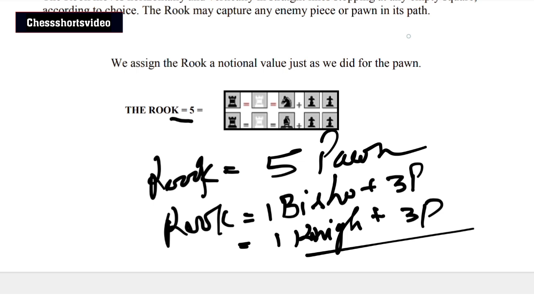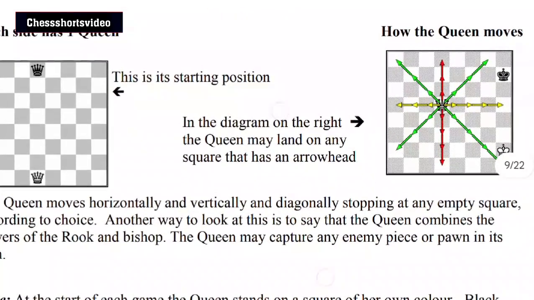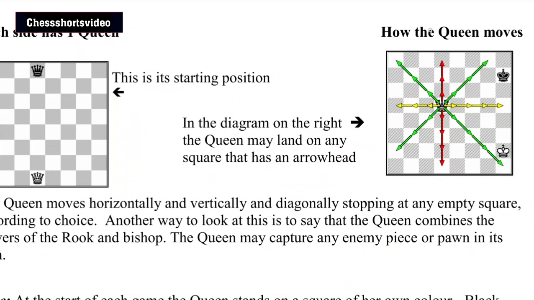Okay, now it's the turn of the queen. We have two queens, this one and this one, and as I already told you, the queen can move diagonally and also straight. So you can see how strong the moves of the queen are. It can cover most of the squares.